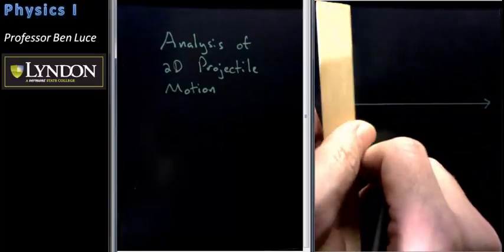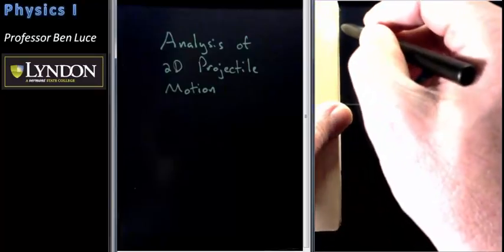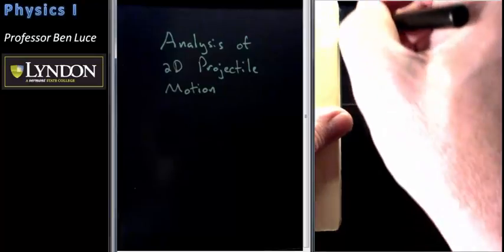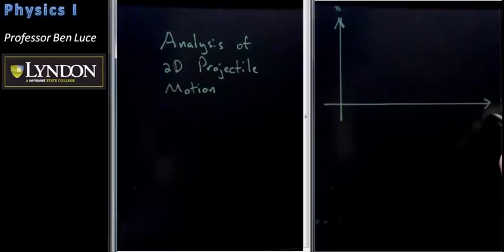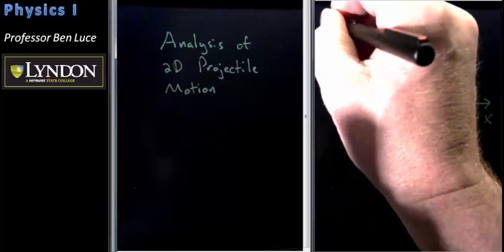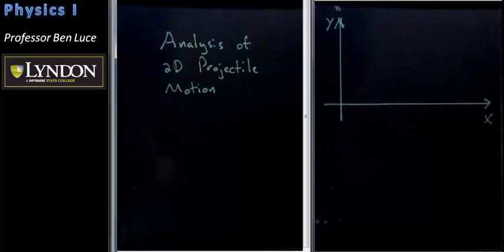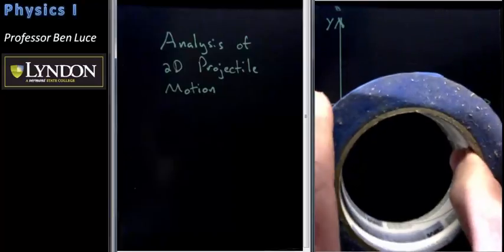I'll start by sketching a pair of Cartesian coordinate axes to establish our coordinate system, which I'll label X and Y. And we'll sketch a trajectory here as well.